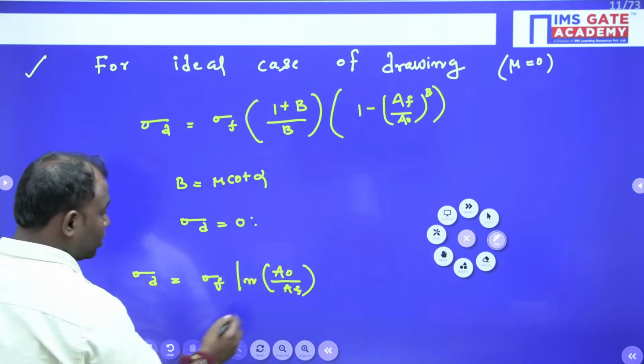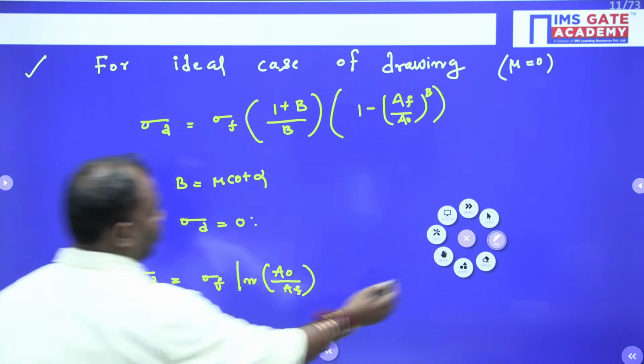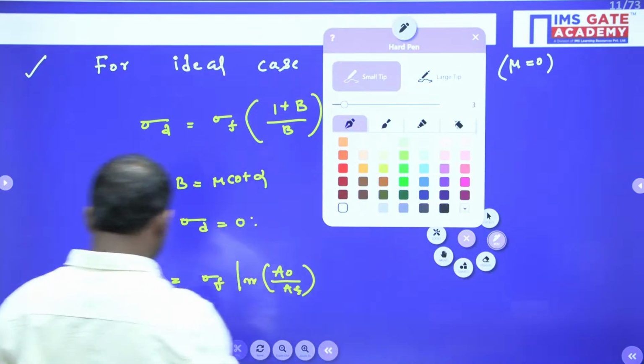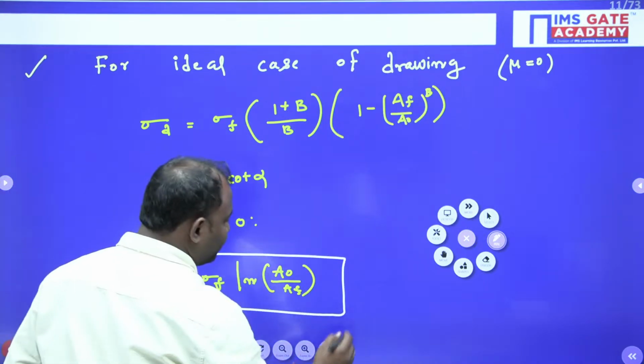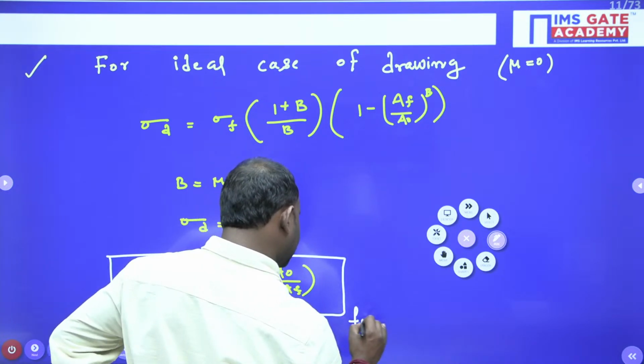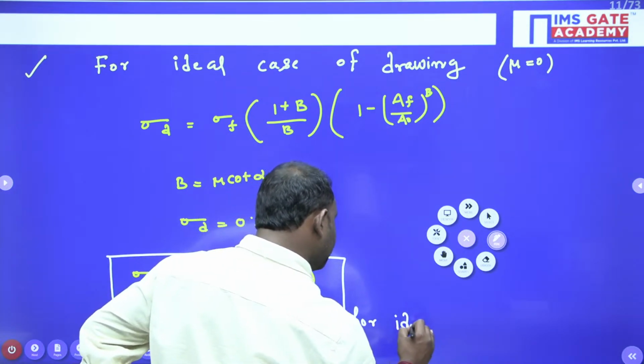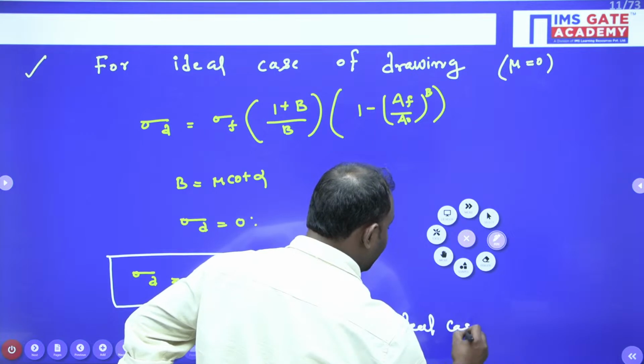This is for the ideal case of drawing, which means B equals 0.